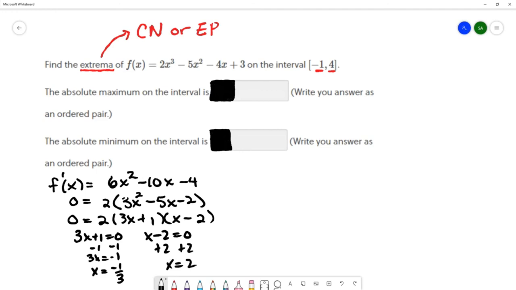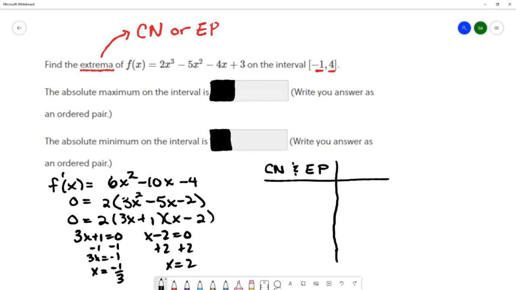So now we have our critical numbers and our endpoints, and we want to determine what will produce the largest and smallest y value. So we're going to take our critical numbers and our endpoints.